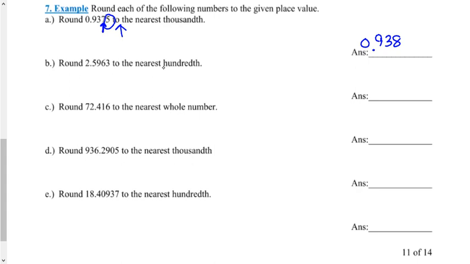Next, we're going to round this to the nearest hundredth. Tenths, hundredths. That's this one. And so the 6 right here is 5 or larger, which means we're going to round that next one up, right? But 9 doesn't really round up. Think of this as like 2.59. We've got to round that up to the next number.